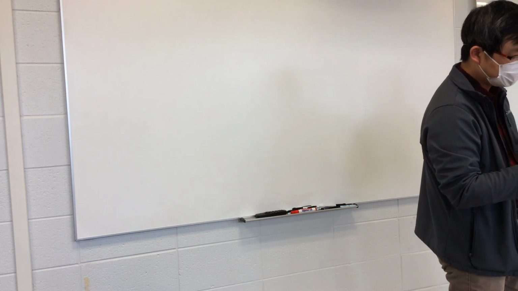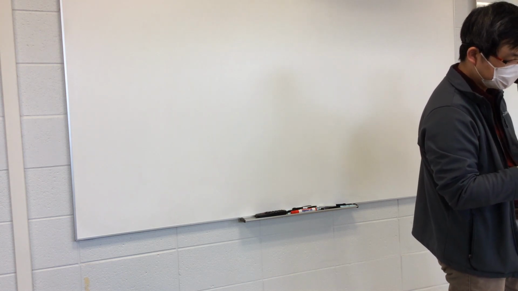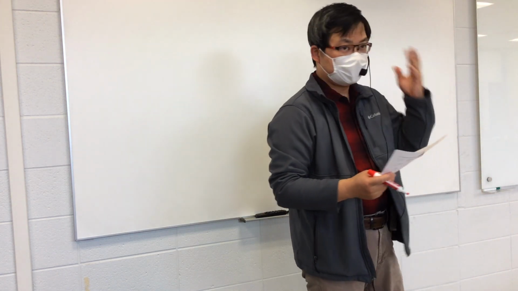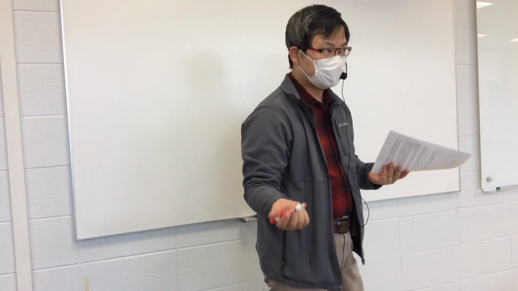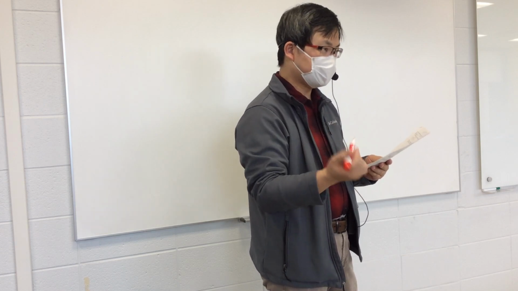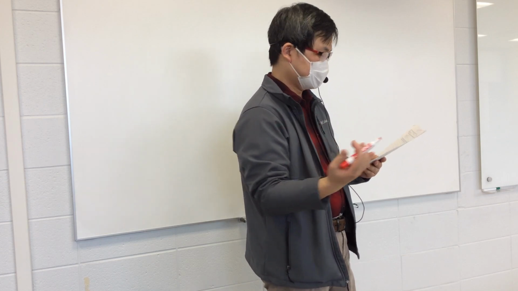So, yeah, the first question: which proton of the compound below would appear as a septet in the NMR? Septet means 7 peaks, right? And according to the n plus 1 rule, the hydrogen should have 6 closed labels.